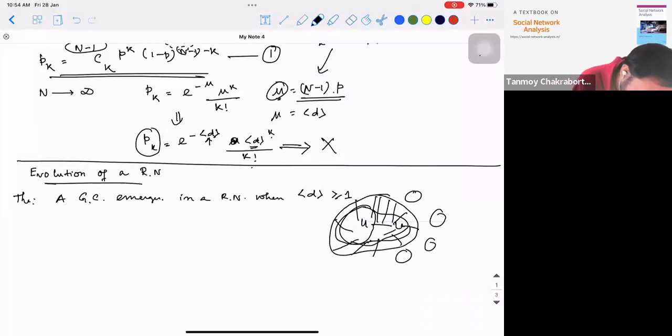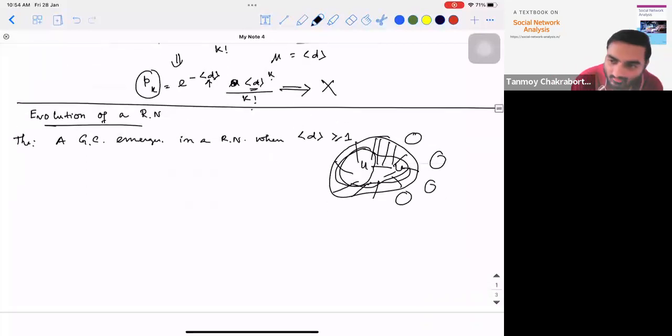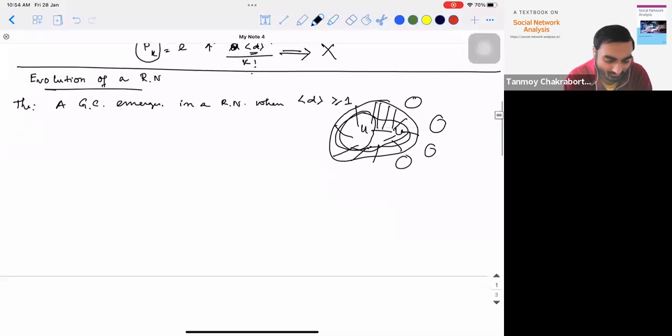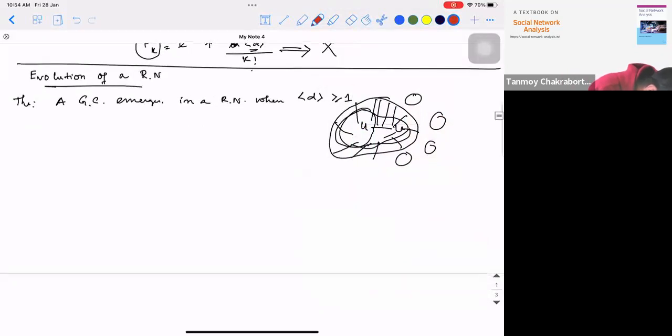Now let's look at the theory. Again, I'm moving slowly. This is a little complicated, so if you have a query, just feel free to interrupt me. But please look at this theorem proof. Let's assume that there are two nodes, Vi and Vj.